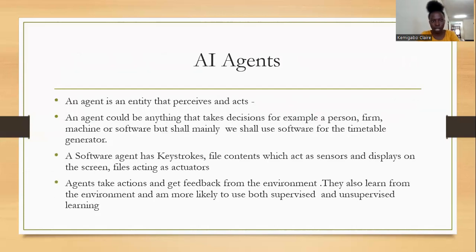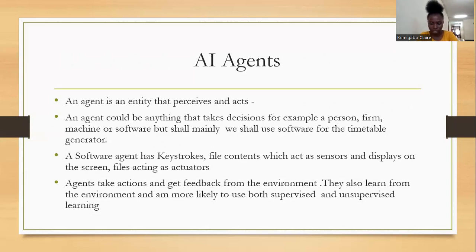So to go to the AI agents, first of all, an agent is an entity that perceives and acts. We have different types of agents. We have the software, we have person, firms, machines, anything that perceives and acts, like it can take a decision from what it has. So it has to be able to interpret information and make a decision.